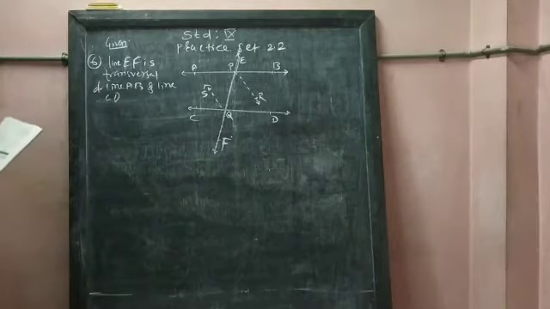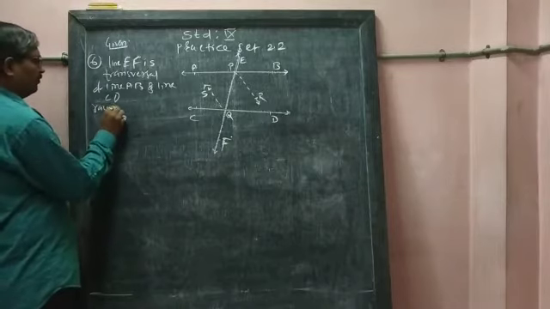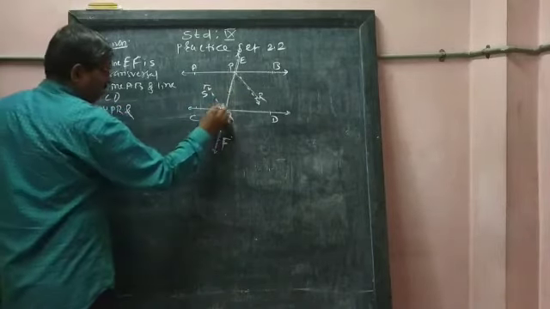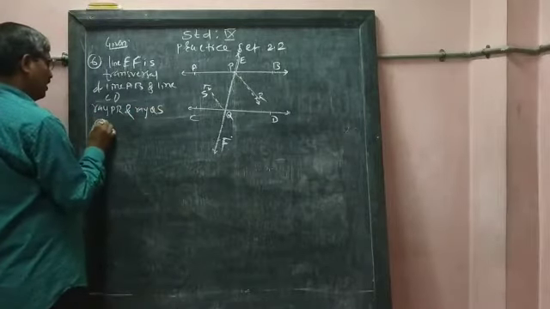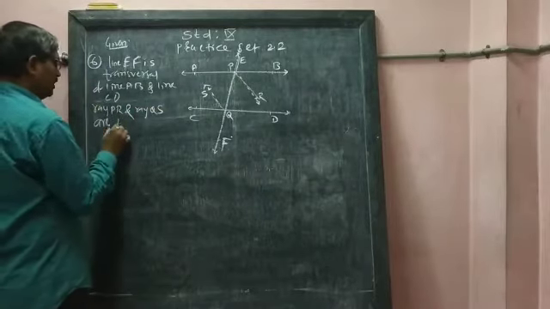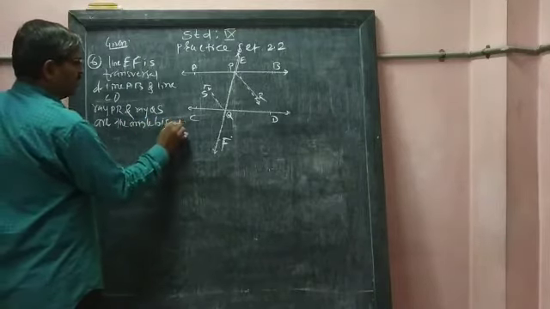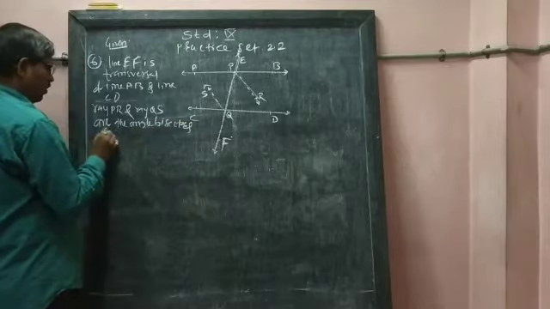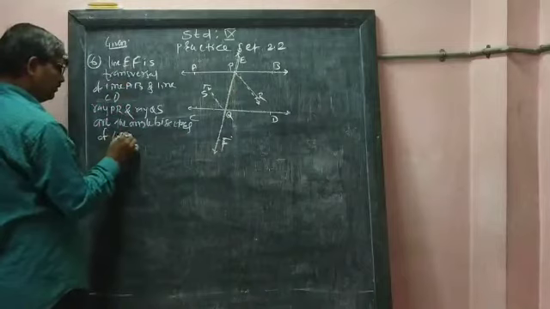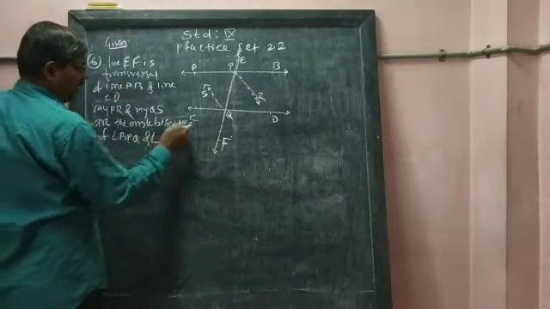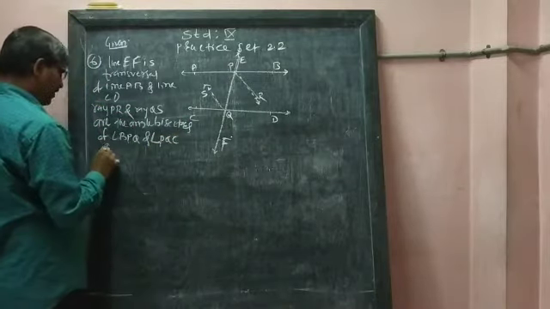Then here it is told that ray PR and ray QS are the angle bisectors of angle BPQ and angle PQC respectively.